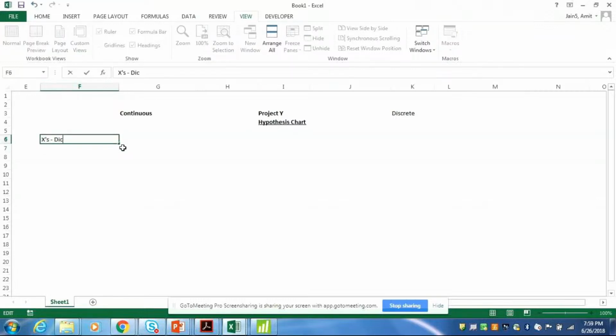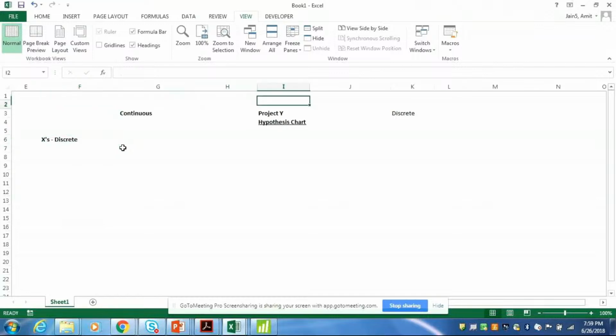And let's say X is discrete. Okay, I'll give you the example as well. So the project that you did in the organization was average handling time. Average handling time is continuous data, right?